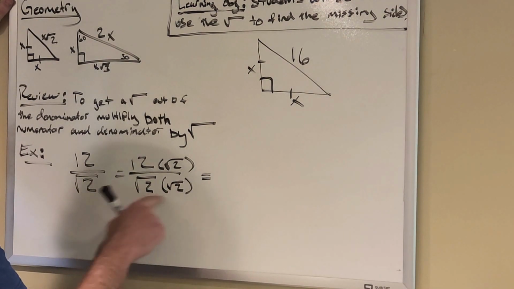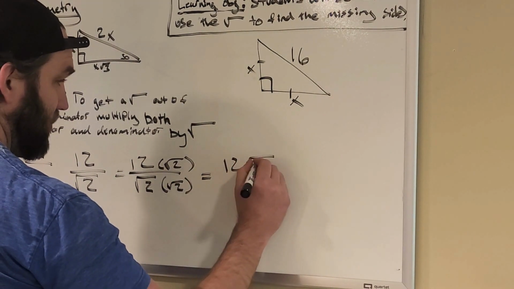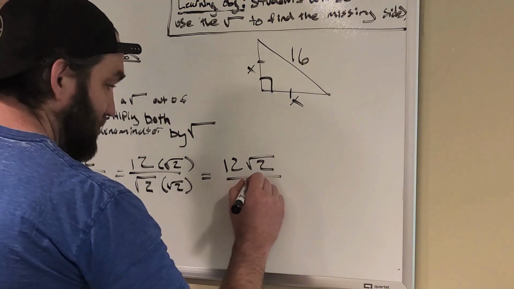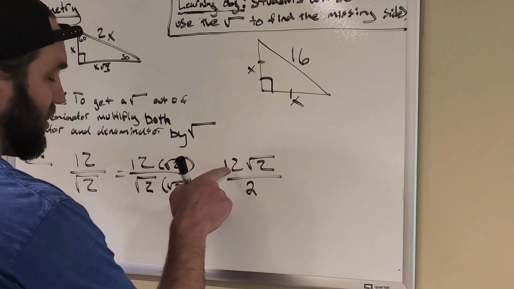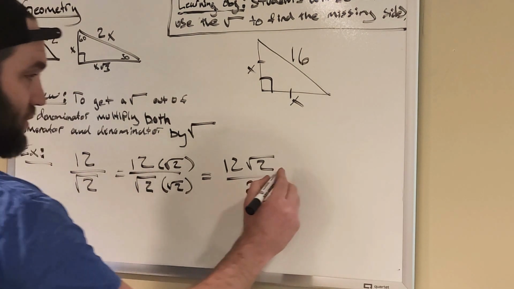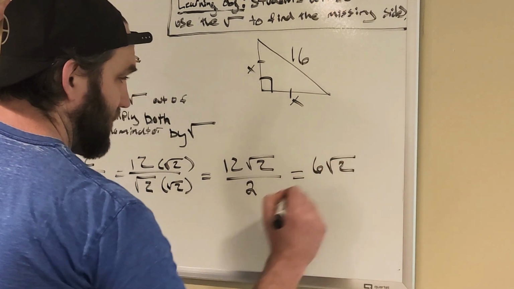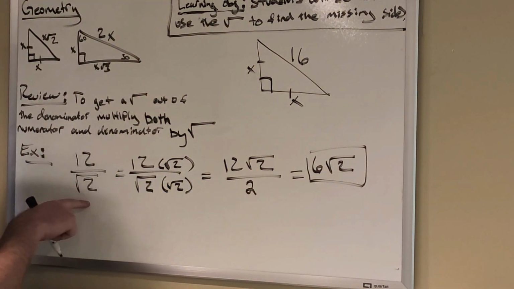Simplified, this is 12 square root 2 over square root 2 times square root 2, which is just 2. Now I can simplify a little more: 12 divided by 2 is 6, so I get 6 square root 2. That's my simplified version.